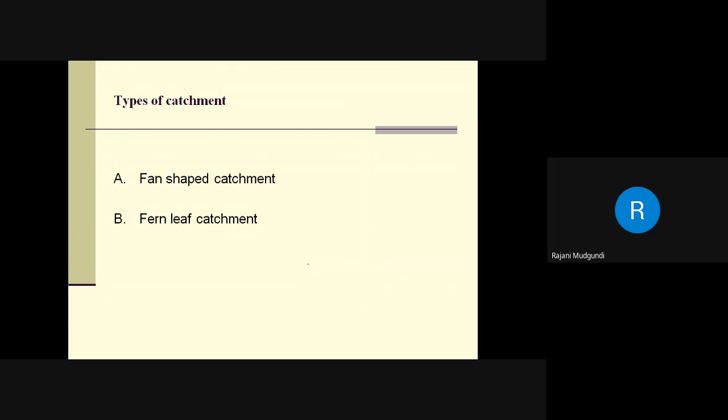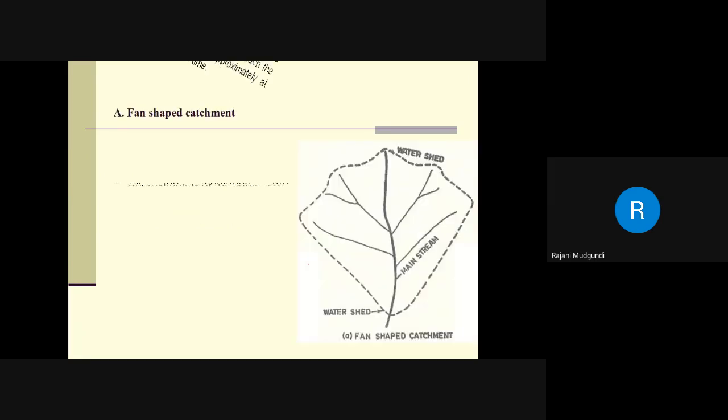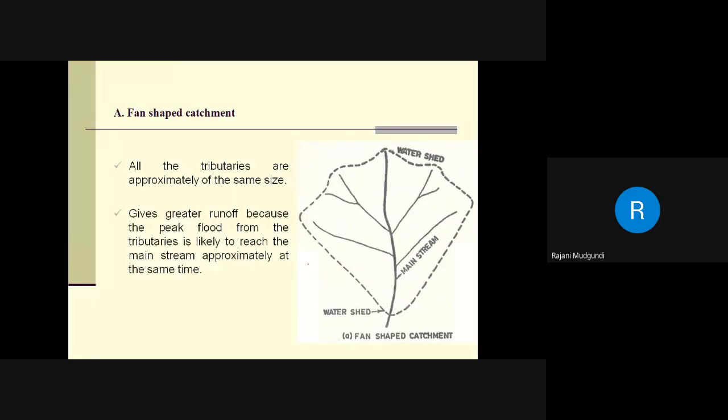Now, related to types of catchment, there are two types: fan-shaped catchment and fern leaf-shaped catchment. In a fan-shaped catchment, the tributaries are approximately at an equal distance from the mainstream. So the water from every such tributary will join at the outlet approximately at the same time.